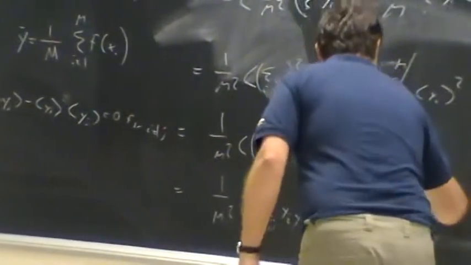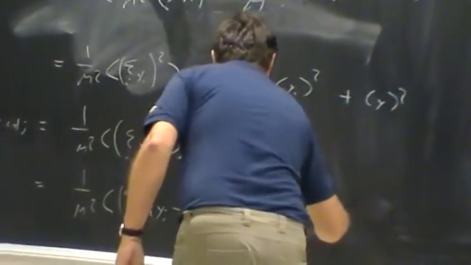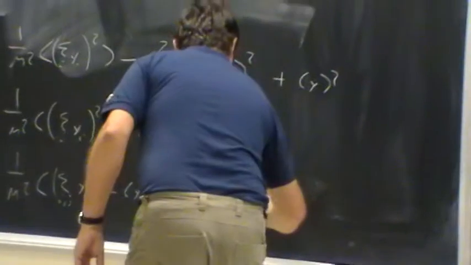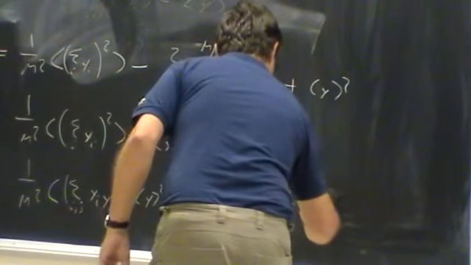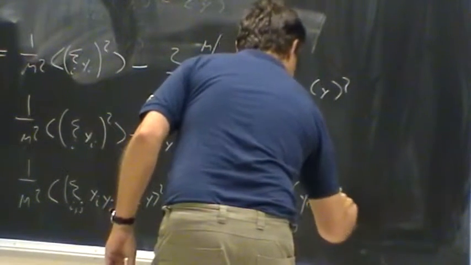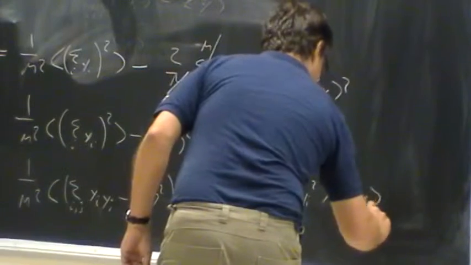So the only thing that is left over here is 1 over m squared, expectation value of sum over i, expectation value of yi squared minus expectation value of yi squared.